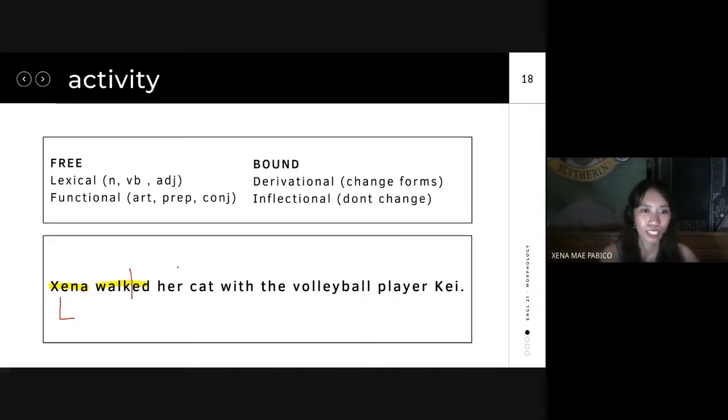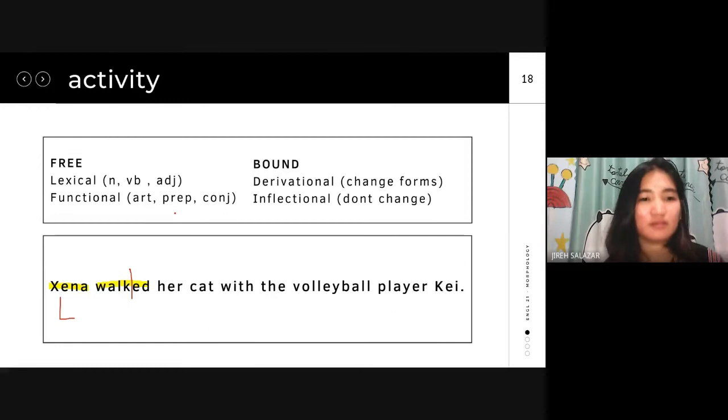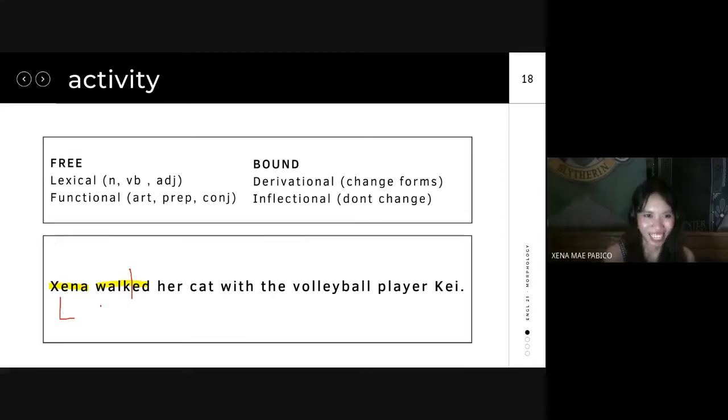What is walk? What kind of morpheme is this one? Is it lexical, functional, inflectional, derivational? Lexical. Yes, it is a lexical morpheme because it's a verb. Okay, how about you, Raymond? What is this morpheme, ed?